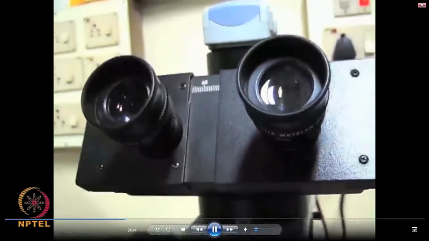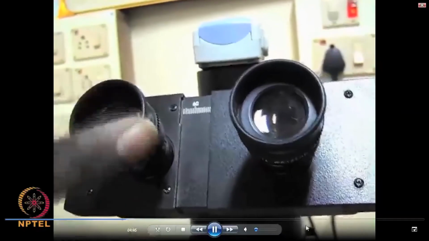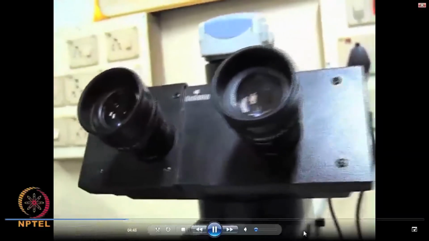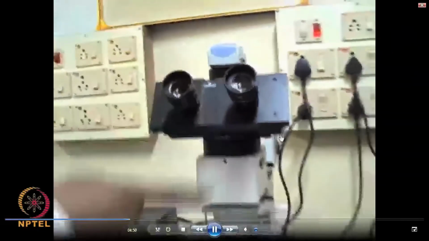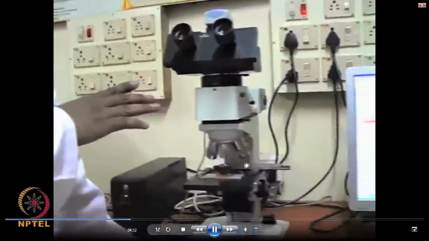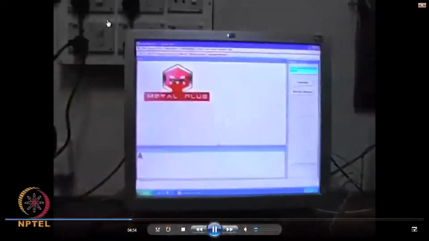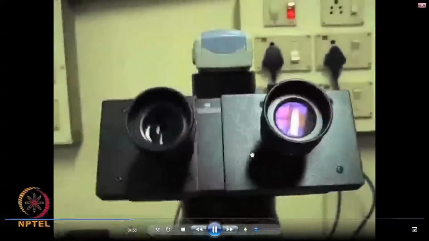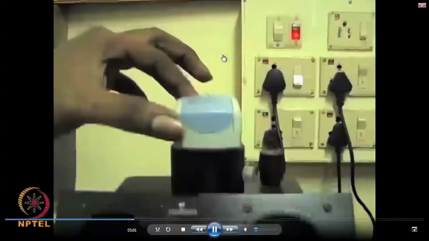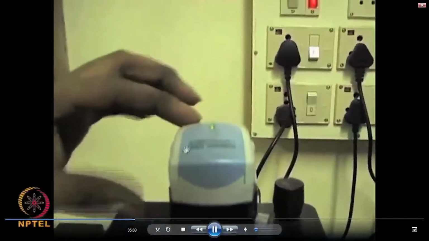For example, if you have 5x here and 10 here, it is 50. If you choose 50 here, it is 500, something like that. Here again, for image grabbing, you have the CCD camera attached.